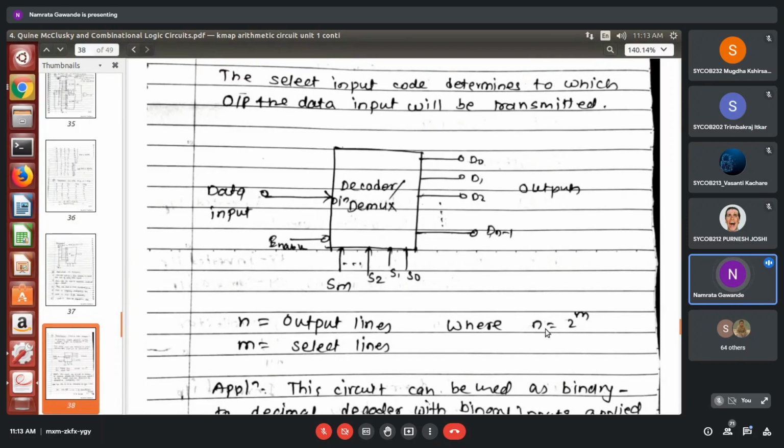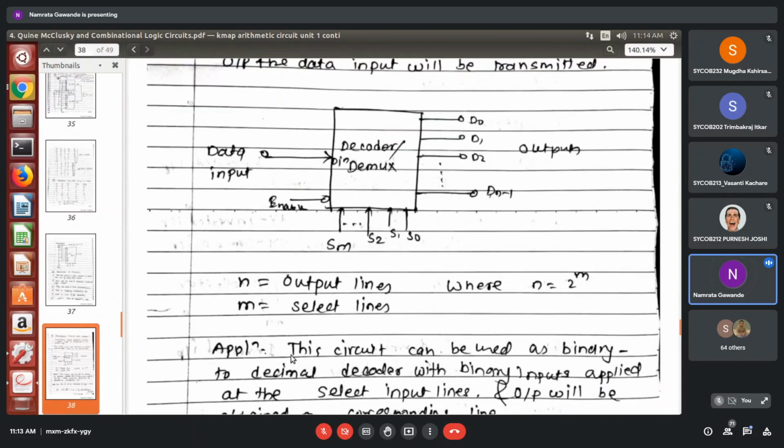What is n? N is the output lines. We have seen in the multiplexer, n is the number of input lines. Here n is the number of output lines, right? M is the same, m is the number of select lines.